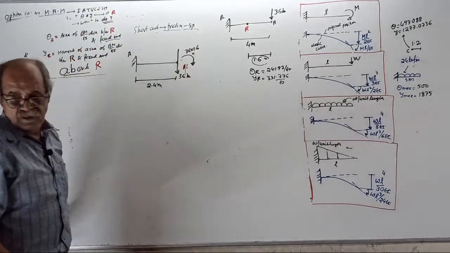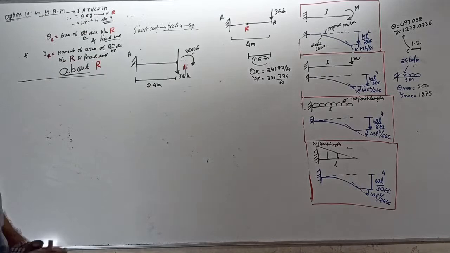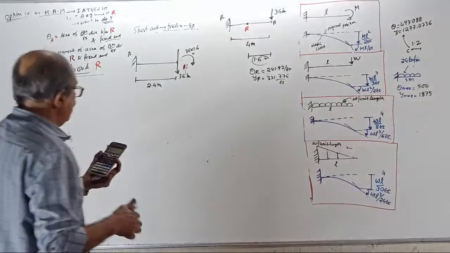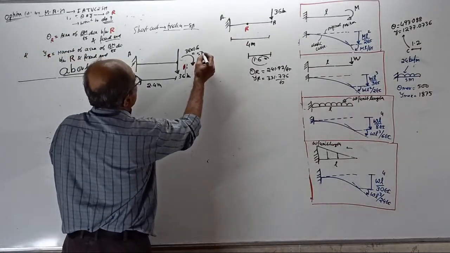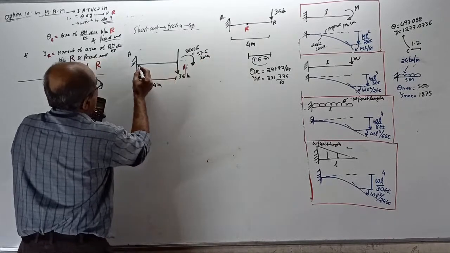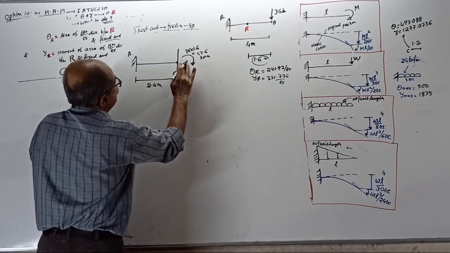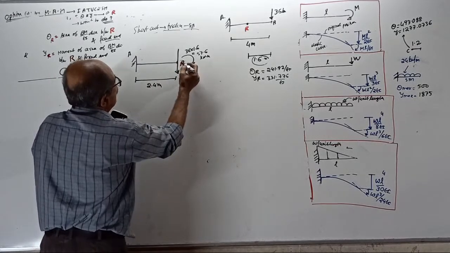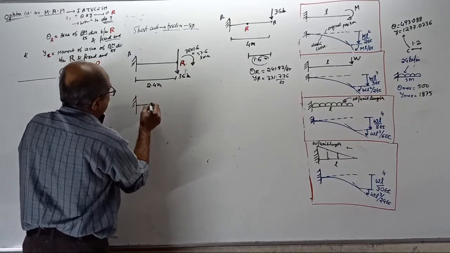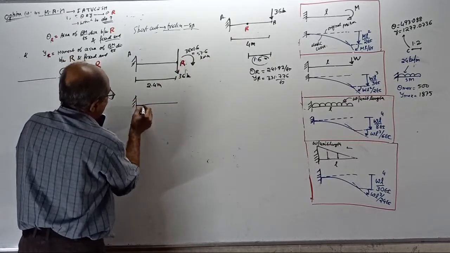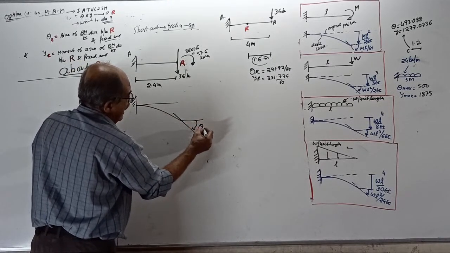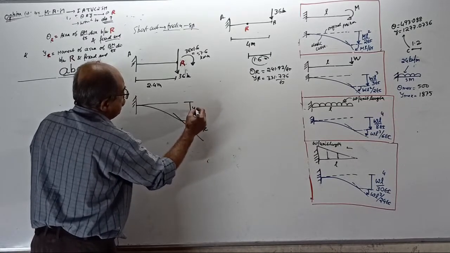This is the best one to do. 36 into 1.6 is 57.6 kilonewton meter. Now you have a cantilever where this is the R point, where we have a point load and a couple. See, the beam will bend like this. If I draw a tangent here, this is your theta R, this is your deflection at R.